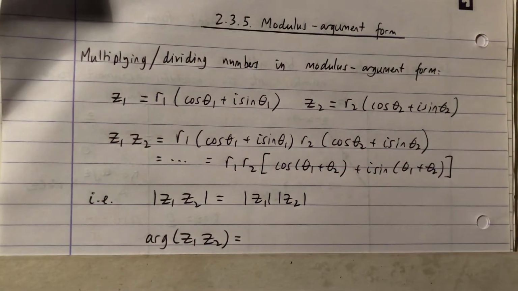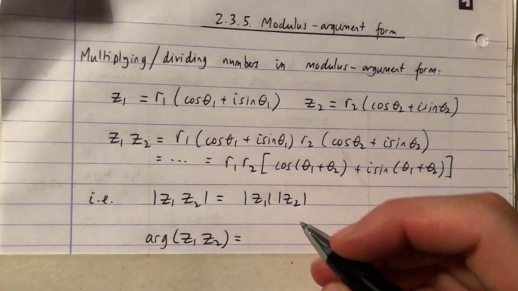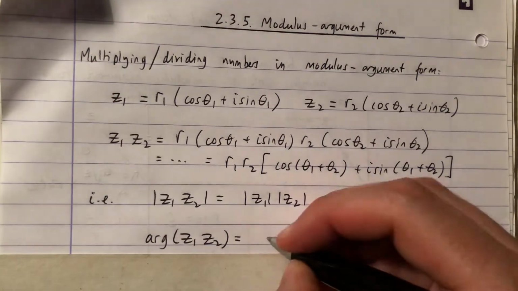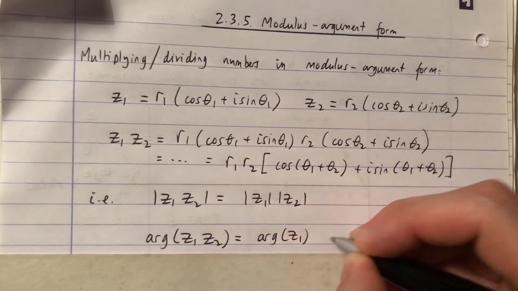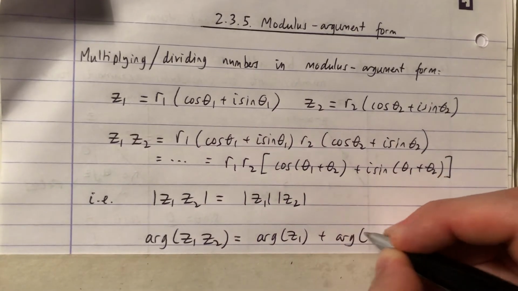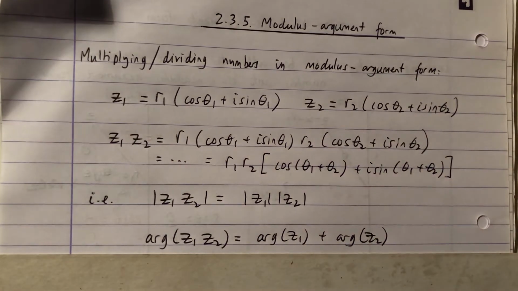So you can work out the modulus without even doing the long process of multiplying them. And similarly, the argument of the product of two complex numbers is just the addition of their arguments, arg z1 plus arg z2.